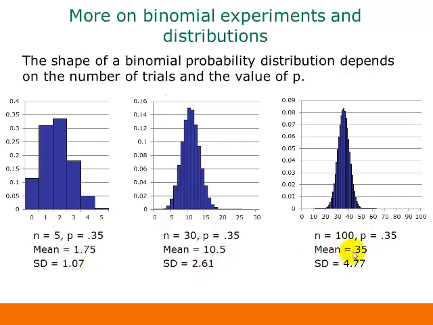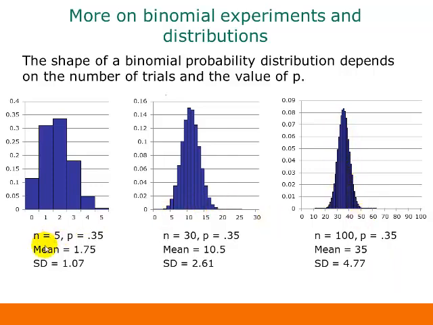Now finally, let's look at the same probability of success with 100 trials. Now this one has even more of a bell-shaped type distribution. Although this is still going to be skewed to the right because our p-value is 0.35. But you can see as we increase the number of trials that this is starting to look more and more like a bell-shaped distribution.